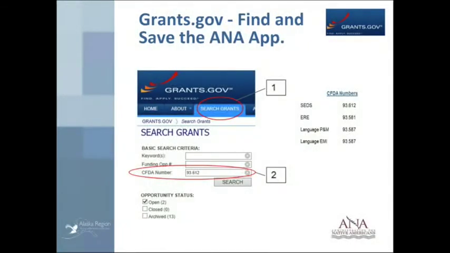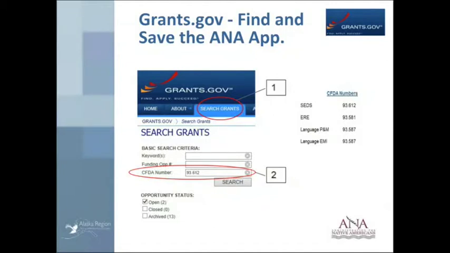Okay, so we've assumed you've got your DUNS number, your SAM registrations all current, your Grants.gov registrations current, and now you're going to go in and download your application package from Grants.gov, www.grants.gov.